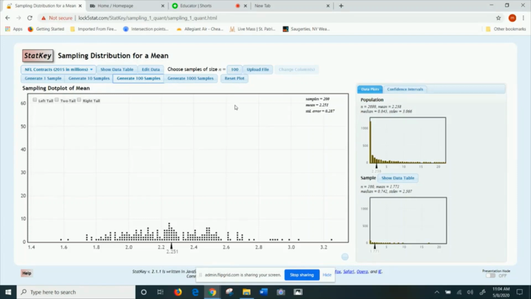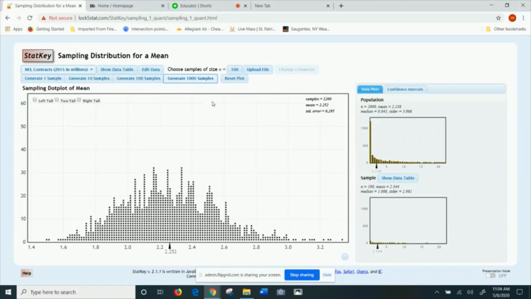Next question was, what happens when we increase the number of trials? So right now I'm up to 200 trials, and I've got this sort of mound shape. So let me generate 1,000 samples. So now we're up to 1,200 samples. And I would call this more of a kind of a hill.